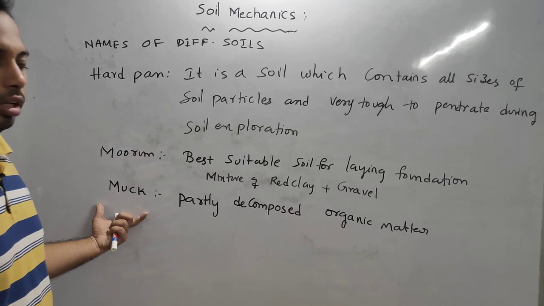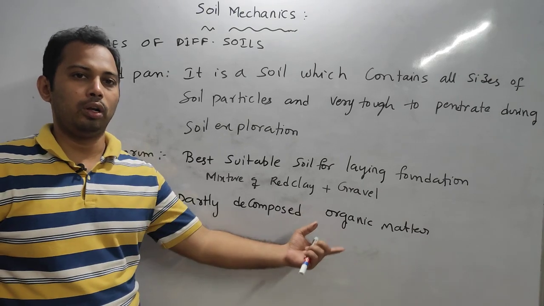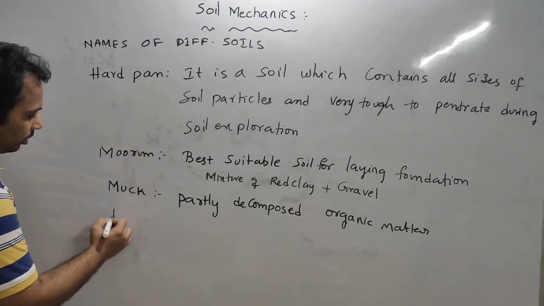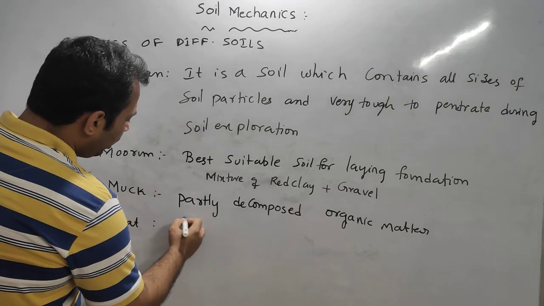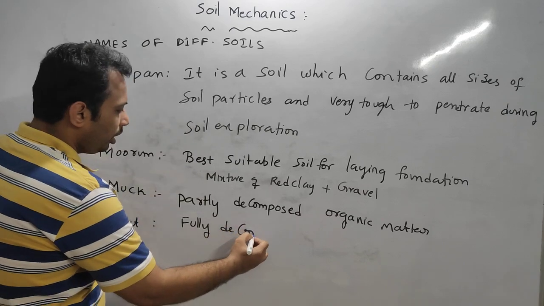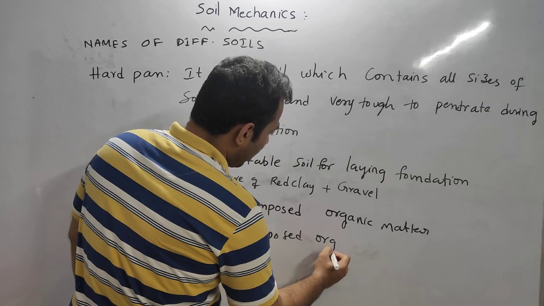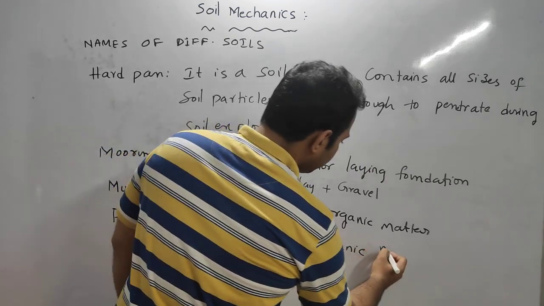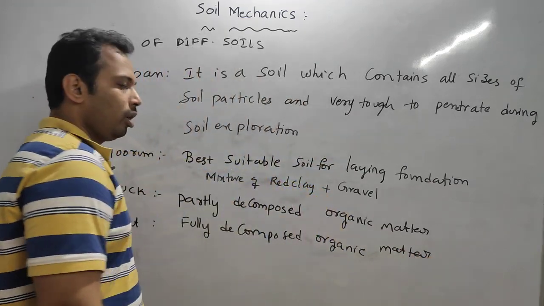Muck is an organic soil which has partly decomposed organic matter. Okay. Peat is fully decomposed organic matter, that is nothing but peat.